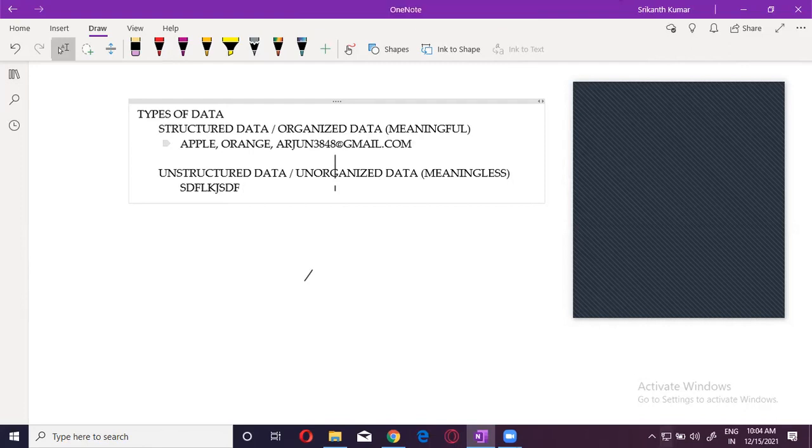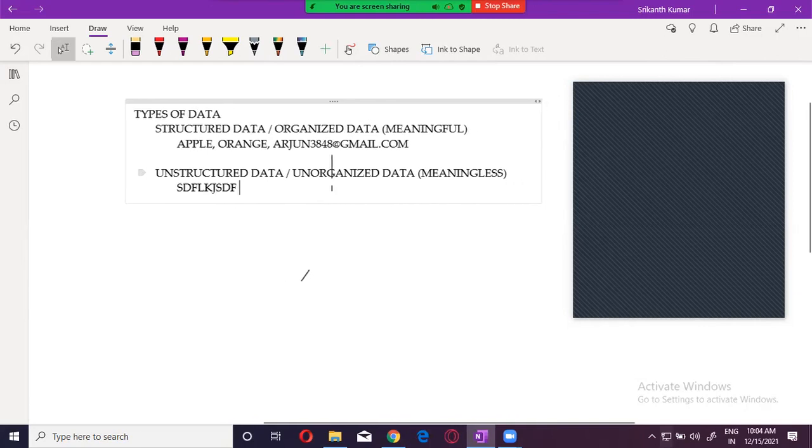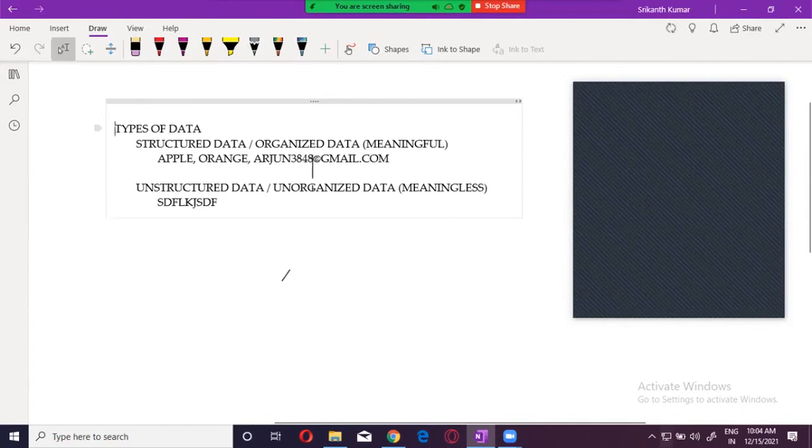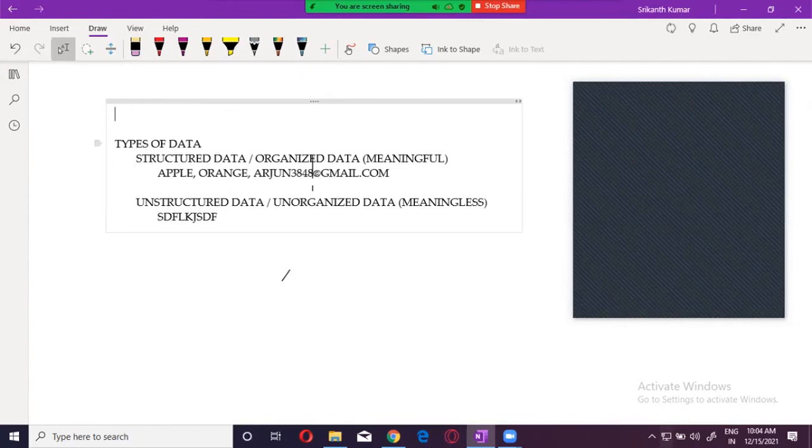Okay, now let's combine this. Why do we need data science? What will data science do over here? Before going into this, the place where we store the data is called a database. Have you heard it? Database.